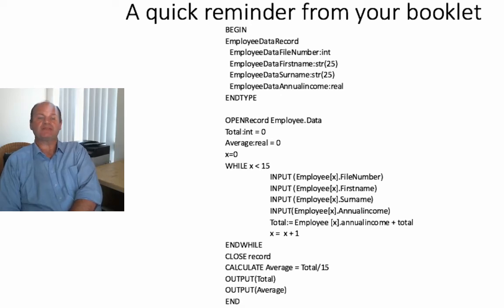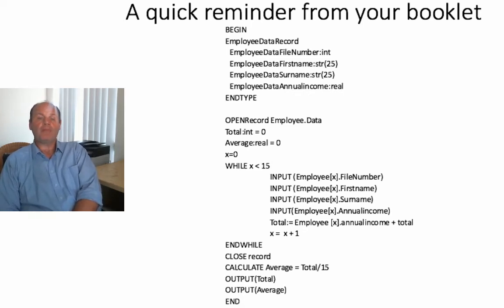X represents the records in the employee data record, and like an array, it starts at 0. This X equals 0 is also important as it tests the condition of the while loop, and because we are less than 15, it allows us to enter the while loop as the condition is true.